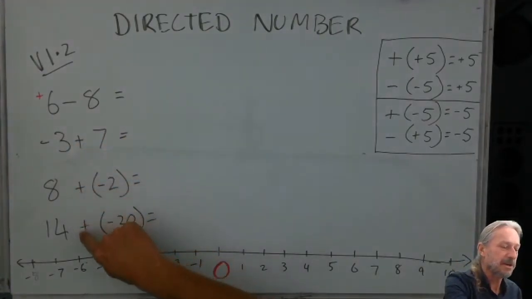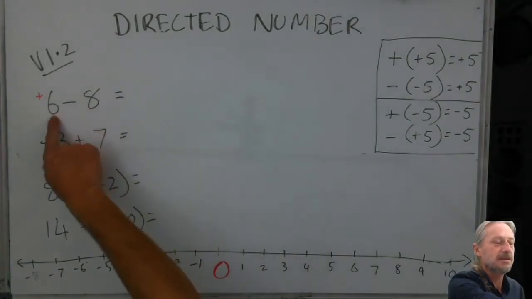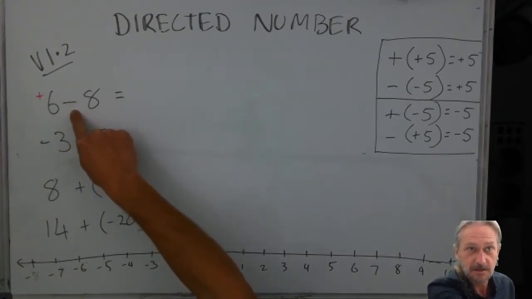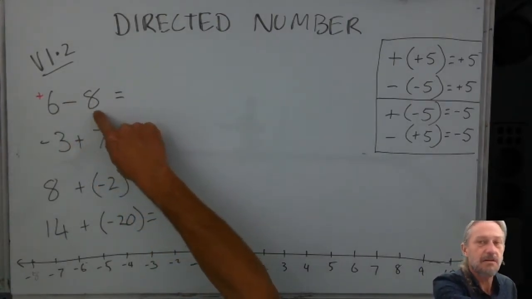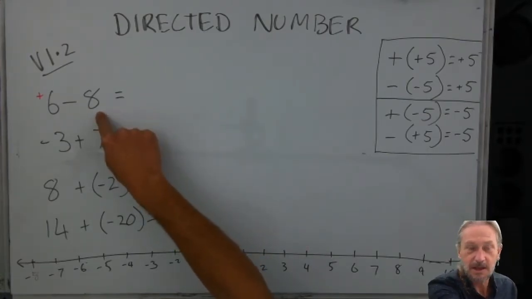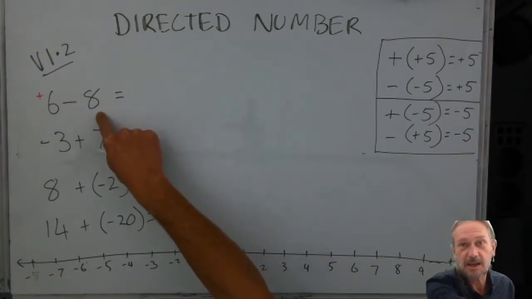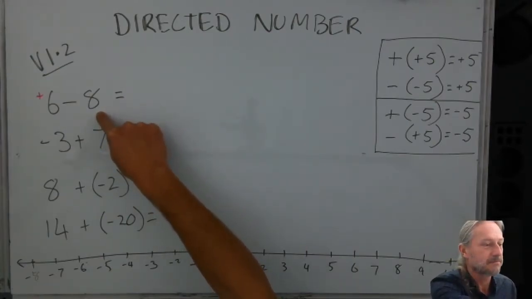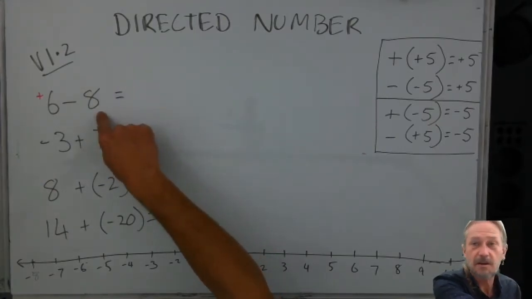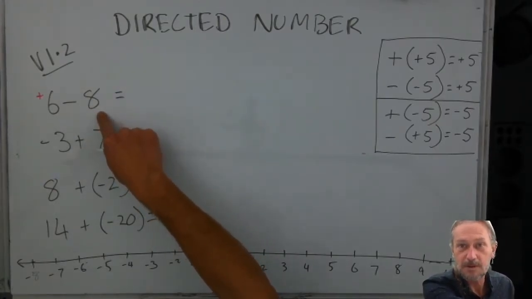When we get to the operation, the first number is the place we start. The operation is the direction we face. And the sign of the number that we're adding or taking away determines how many steps we take: the number is how many steps, but the sign determines whether we walk forwards or backwards.